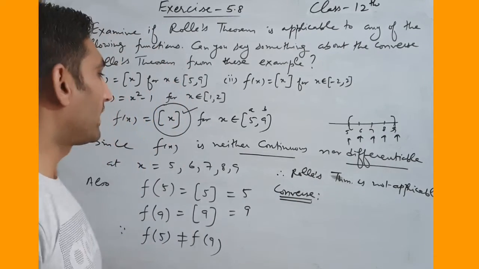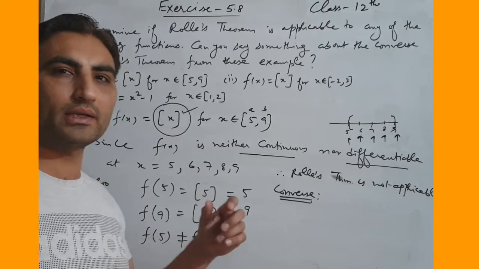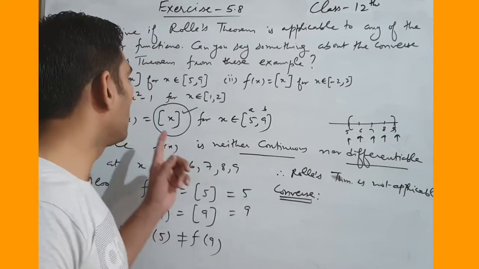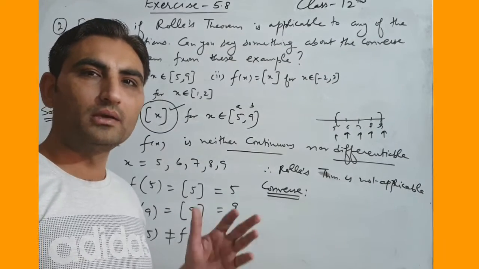Try to remember one more thing which is very special. The derivative of the greatest integer function will be 0. So when you write the derivative of a greatest integer function, its derivative will be 0.